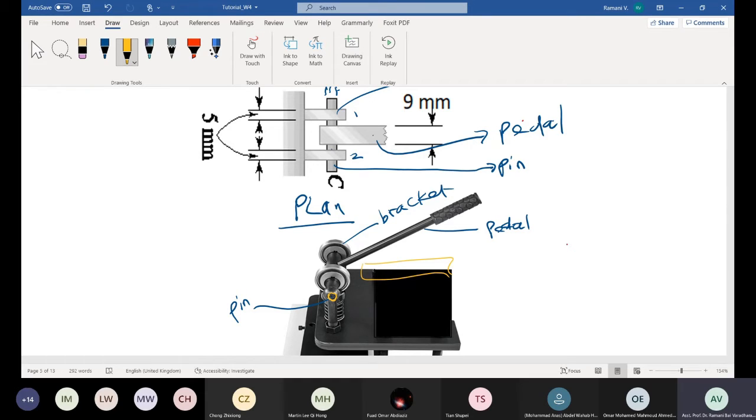The pad has to shear along how much? This diameter, again it is a circumference, times the thickness of this one. It has to shear, rotate and move. Then only the job of cutting is done, and so on, and hence the pedal.